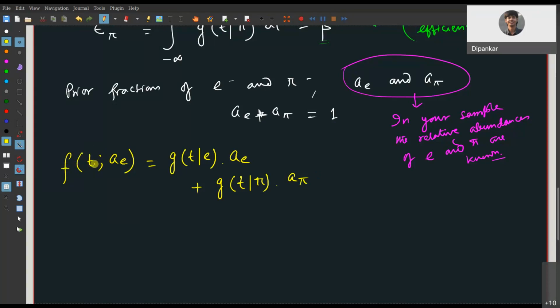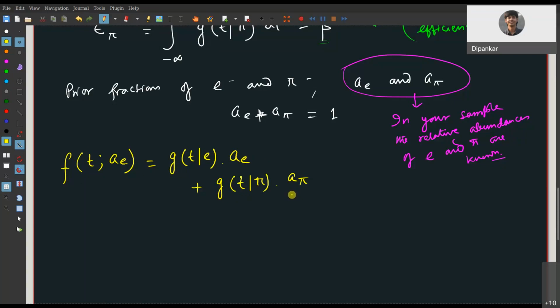An electron can produce a 2 millimeter ionization length, and a pion can also produce this 2 millimeter ionization length. So first of all, what is the probability that an electron will produce this 2 millimeter ionization length times the probability of finding the electron itself in the sample? Plus the probability that a pion will produce that length times the probability of finding the pion itself.